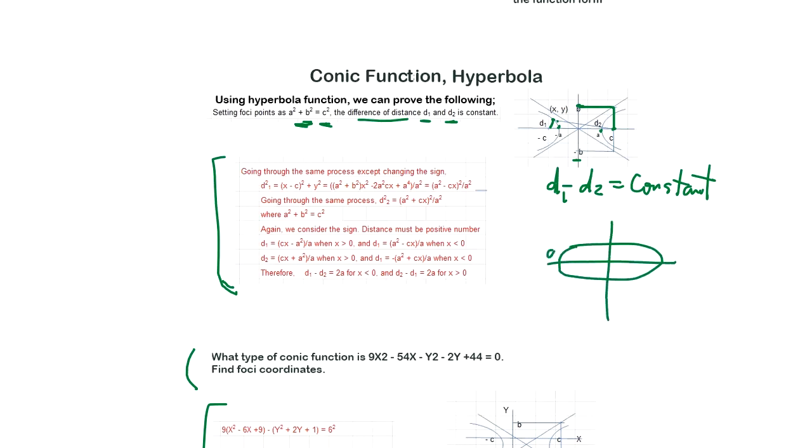You take A, B, and C. This is negative C, right? And for any point on the ellipse, you measure the distance, then d1 plus d2 equals constant. This time it is plus. For the hyperbola, this is negative.